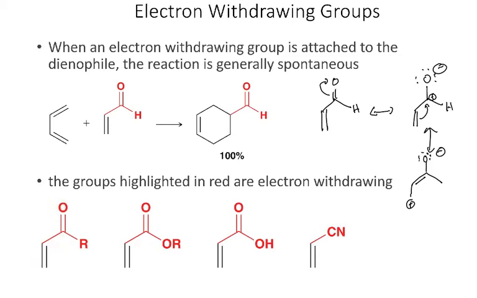Same thing here, and cyanide is C triple bond N, so I can do the same thing, and then always draw that second resonance structure with the allylic carbocation. So all of these groups act as electron withdrawing groups for the same resonance argument as for the aldehyde.